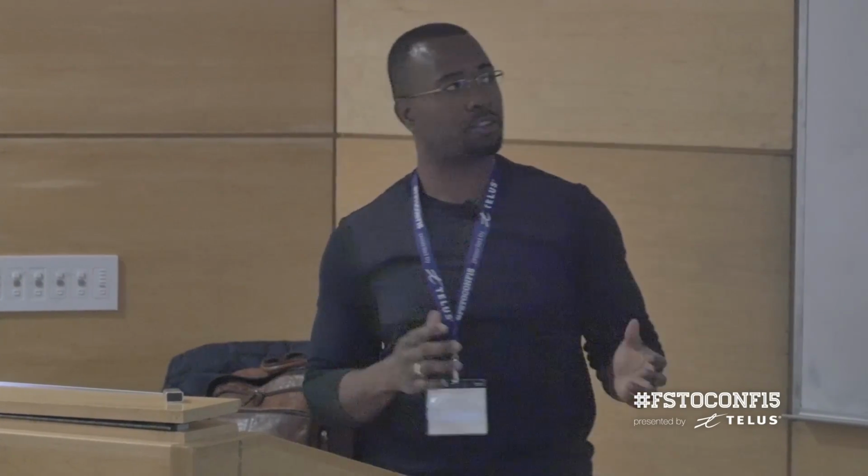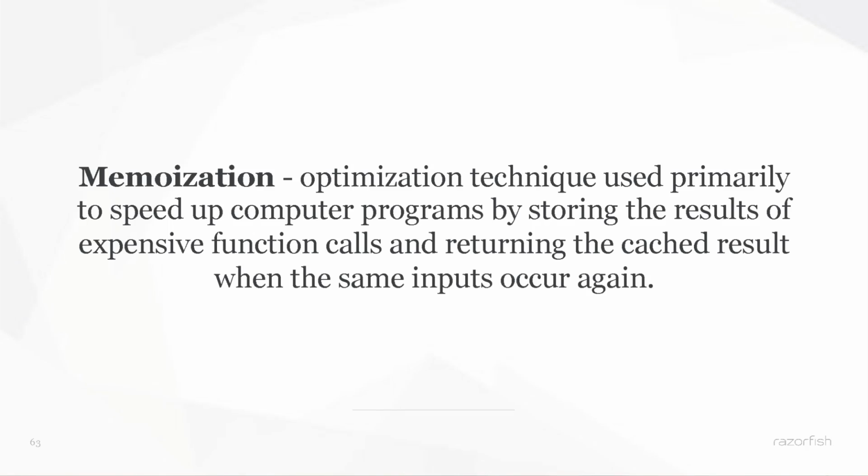So one nice thing that you can do with promises, and this is not just for promises, but it can be used for anything else, is this idea of memoization. It's an optimization technique used primarily to speed up computer programs by storing the result of expensive function calls and returning the cached result when the same input occurs again.